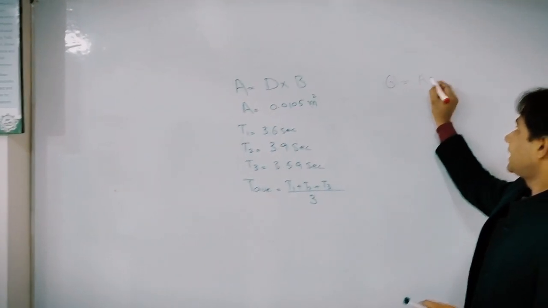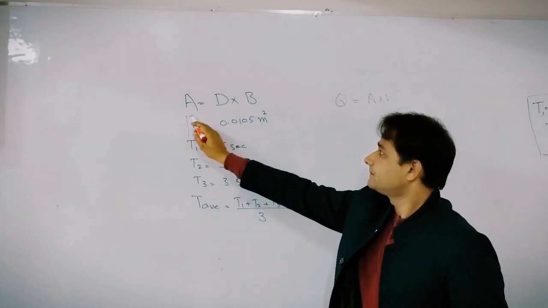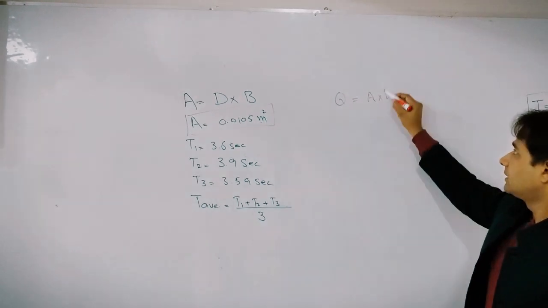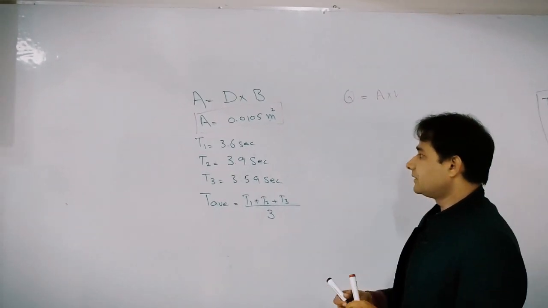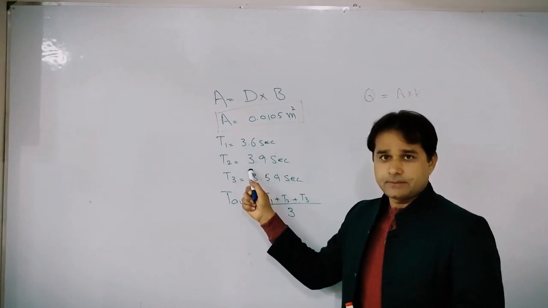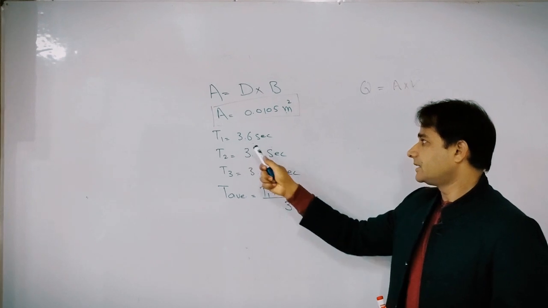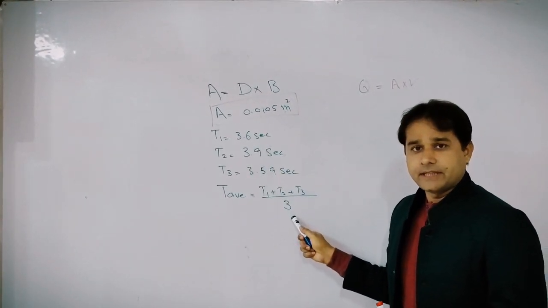The discharge is represented as Q. Q is equal to area into velocity. We have already calculated our area. Now we have to calculate the velocity. We already have 3 readings of time. We will take the average by adding these 3 values and dividing by the total number of values.